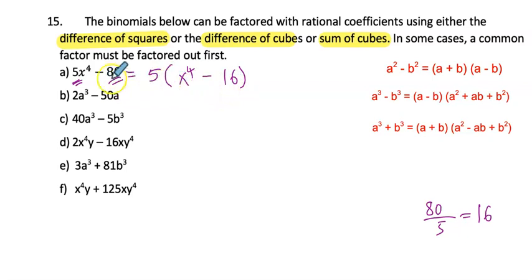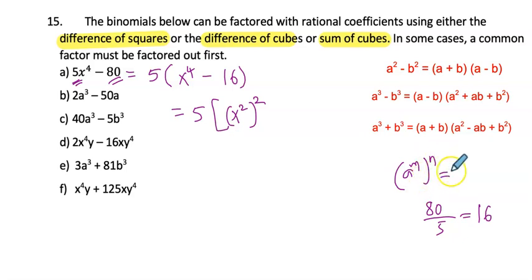So now it changed a little bit. In the next step, I will write this as 5 times x to the power of 4. That is x to the 4th power, can be written as x square whole square, using properties of exponents: a to the power of m to the power of n, power of a power, multiply, a to the mn, that is 2 times 2 is 4.